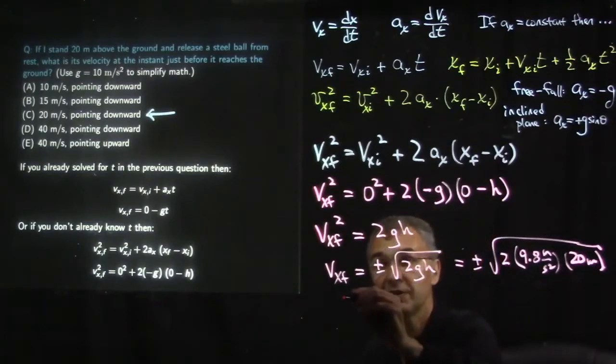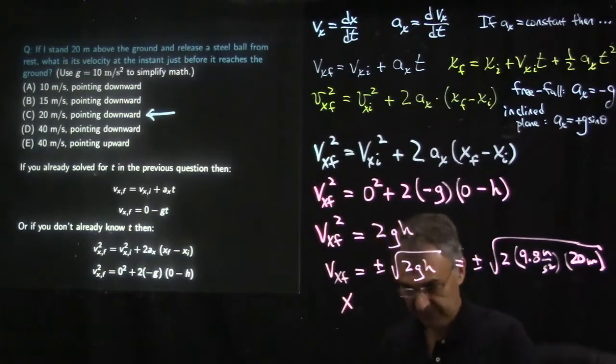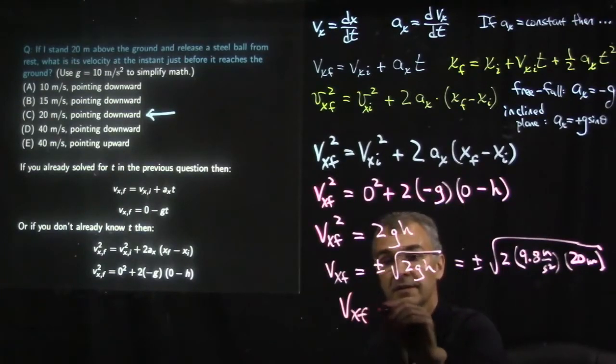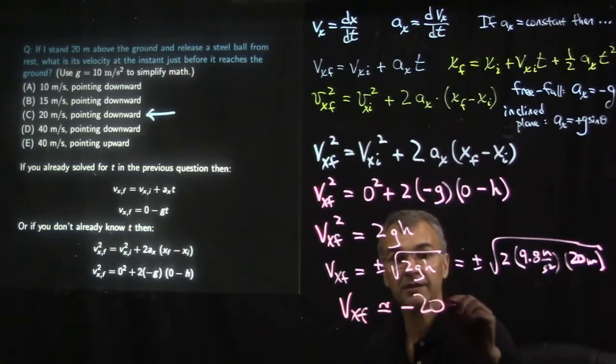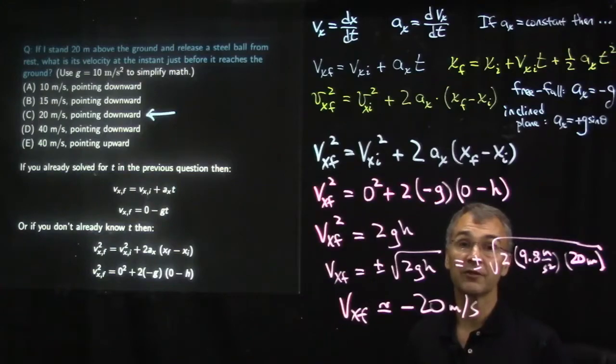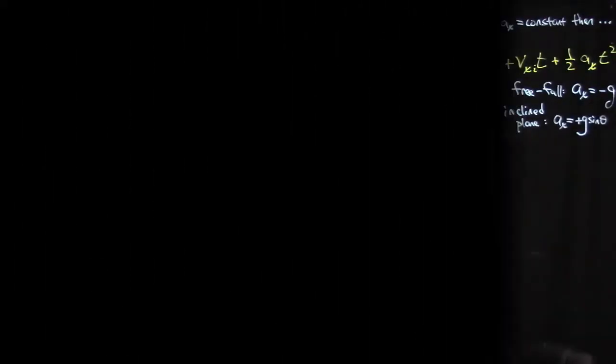So that gives you Vx final is minus 20 meters per second. Same answer, we got it a different way. It's always good to try something more than one way and see if you get compatible answers.